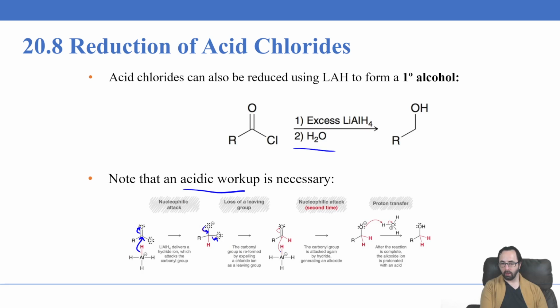Again, we have a hydride ion attack, and the resonance arrow to the oxygen gives it a negative formal charge with 3 lone pairs and 1 bond. Then finally, we need one more step, and that is to protonate the alkoxide ion that's produced. That is done by acid. A lot of acids would work here, or even water to some extent. And we get the primary alcohol from the acid chloride.